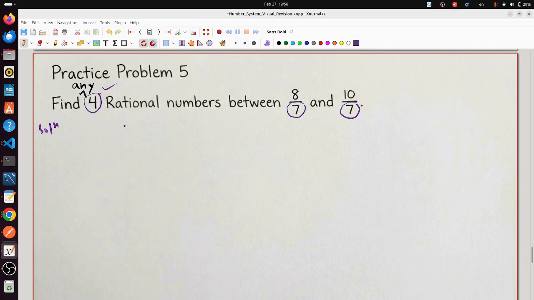Let's see. We have a formula, n plus 1. They have asked for any 4 rational numbers, so 4 plus 1 equals 5, n equals 5.